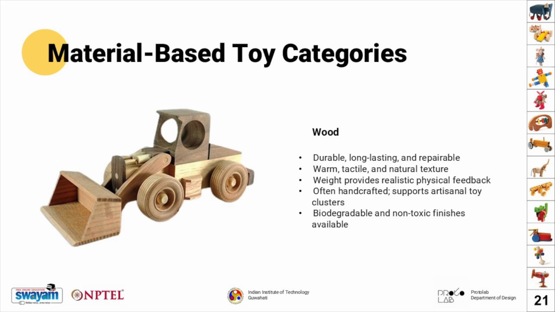The grain edges and smooth sanding create a rich tactile experience, warm, natural, and grounding. Because wood can be carved and joined, the moving bucket or wheels feel sturdy and reliable.